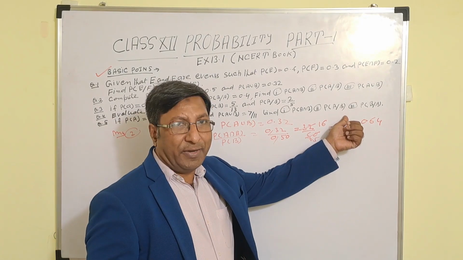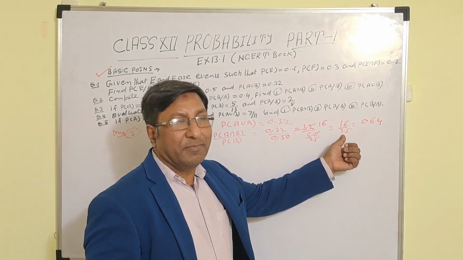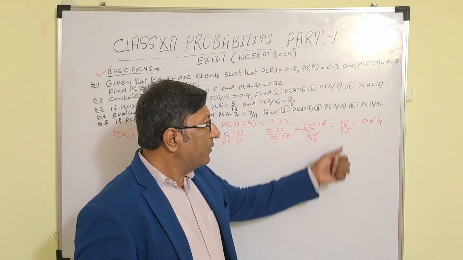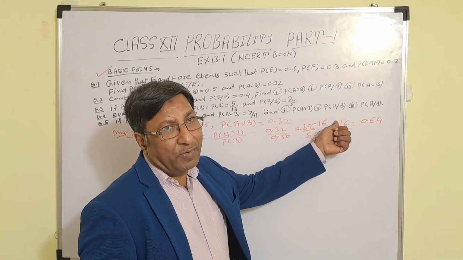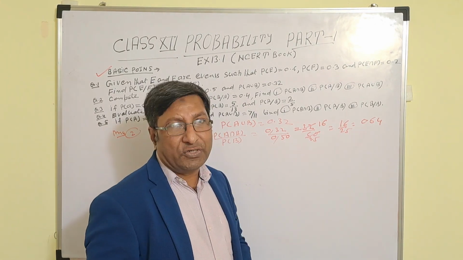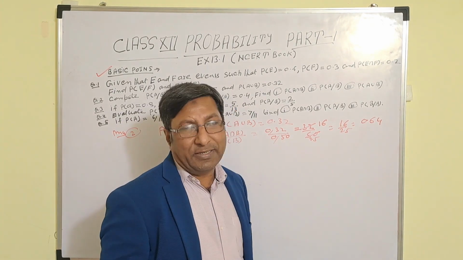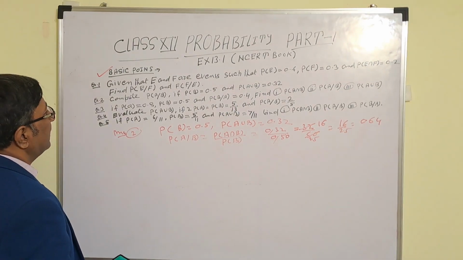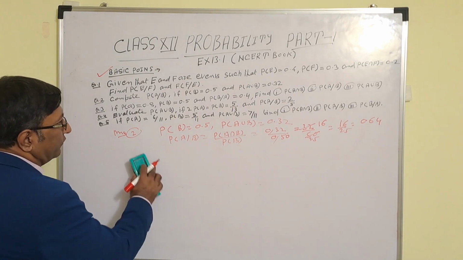Any number that you want to divide by 25, there is a tricky approach: multiply the numerator by 4 and take the decimal after 2 digits. So 0.64 is our right answer. So this is question number 2.